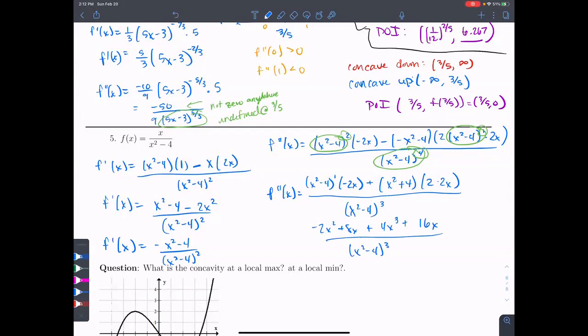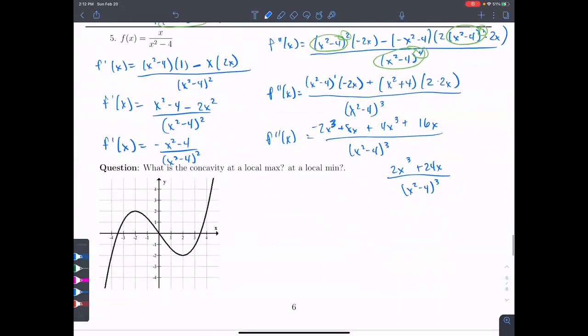Everything's going off the rails. Oh, this is cubed. Okay, so on the top, goodness gracious, I don't have room to do all this. On the top, we have 2x cubed plus 24x. On the bottom, x squared minus 4 cubed.